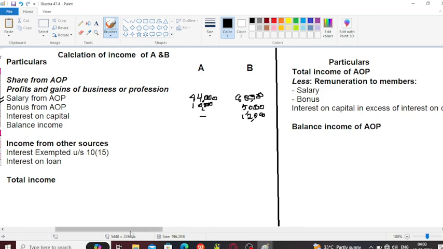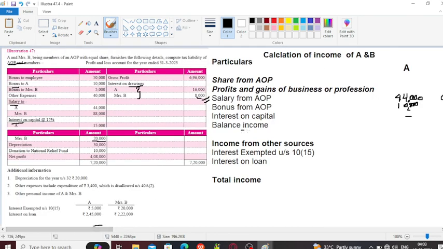And the balance income. What is the balance income? That is nothing but the net profit of AOP. Is this the net profit of AOP? No, this is not a net profit for AOP as per the Income Tax Act.